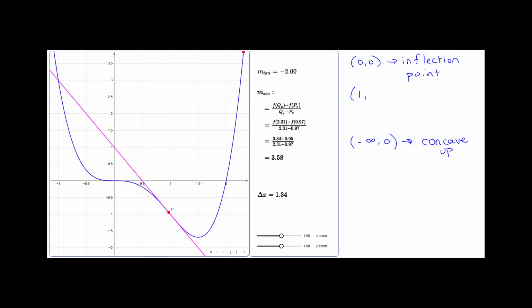So (1, -1) is the other inflection point. And on that interval, from 0 to positive 1, we were concave down.